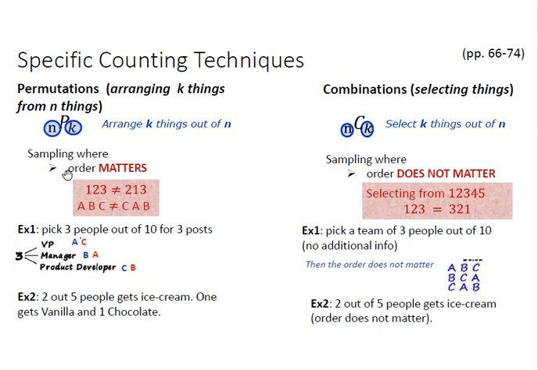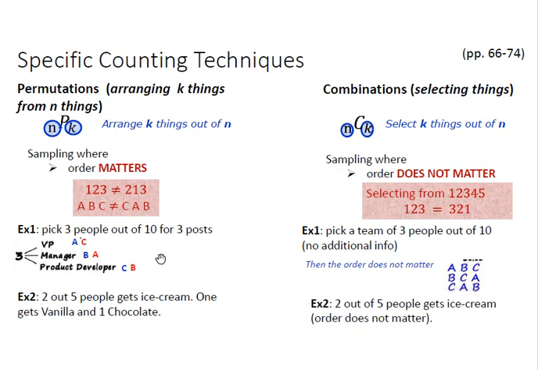Because of these keywords, here order is important, here order is not important. When order is important, it means 1, 2, 3 is different from 2, 1, 3, and ABC is different from CAB. But here, because order does not matter, 1, 2, 3 is the same as 3, 2, 1, or ABC is the same as BCA is the same as CAB.